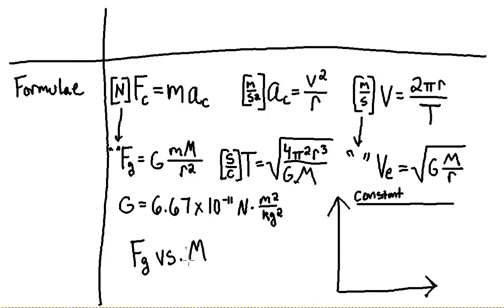But if I change the mass of the objects, those objects will be attracted to each other more. So the force of gravity depends on how massive the objects are. But that's only if you look at the distance as a constant. We're talking about these increasing. If these increase, it's going to cause this to increase, but only if the distance between them is constant. So this is only going to be true if they are at a constant distance.